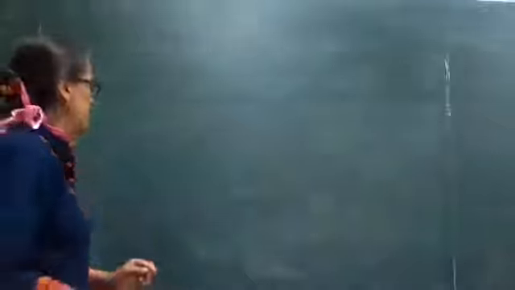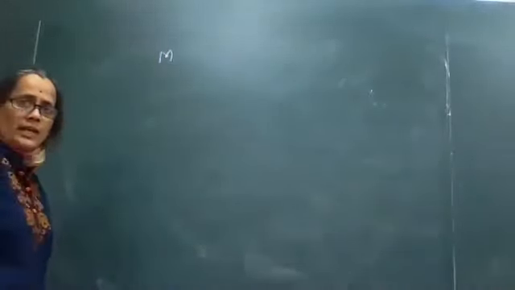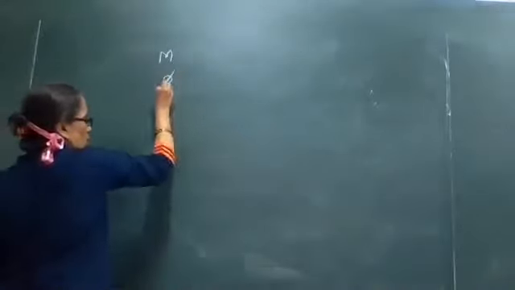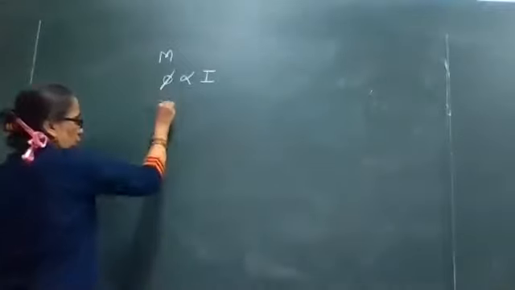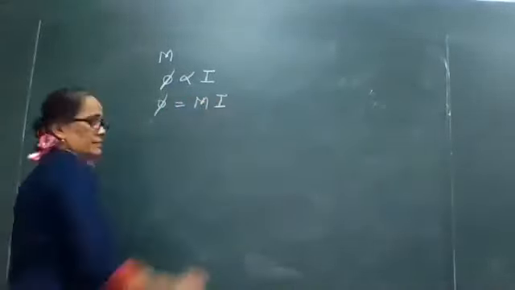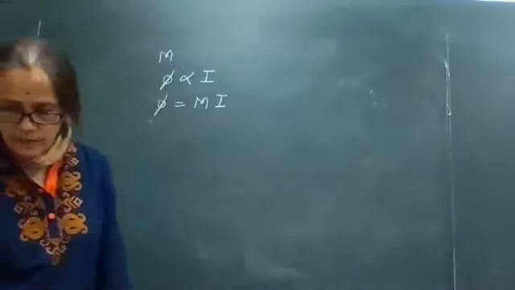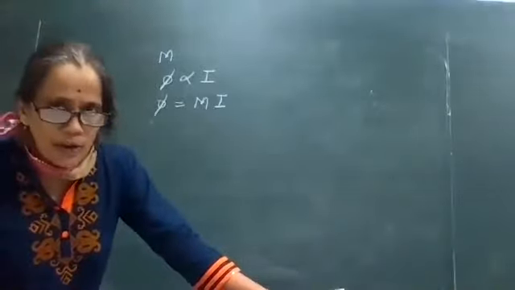Okay, so just recall your formula where you will get mutual inductance. So your mutual inductance is M. Fine? And in mutual inductance, what we can say that phi is directly proportional to I. This is what I write down, phi is equal to M into I. And what you want to find out? You want to find out change in flux. Change in flux means what?